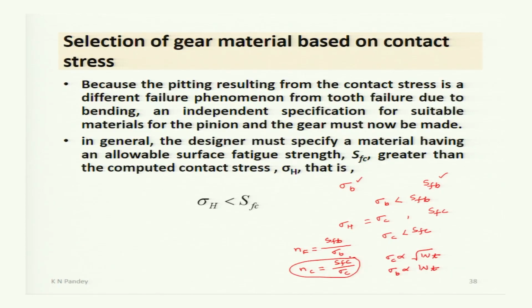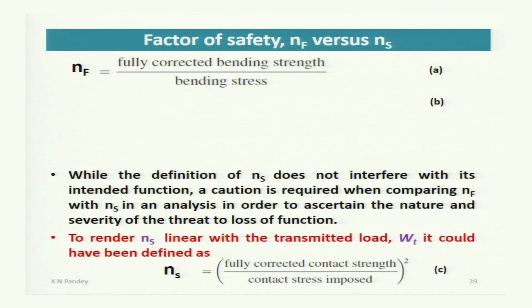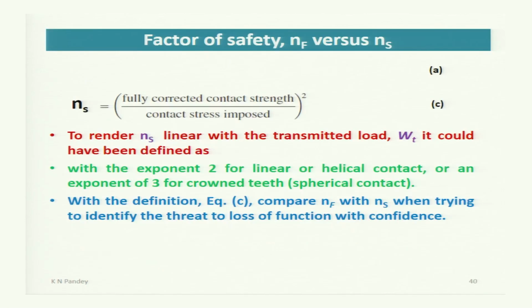We will say the factor of safety guarding against contact stresses is NC, the square of SFC divided by sigma C, and thus both NF and NC are related to the transmitted load WT, which is shown here.